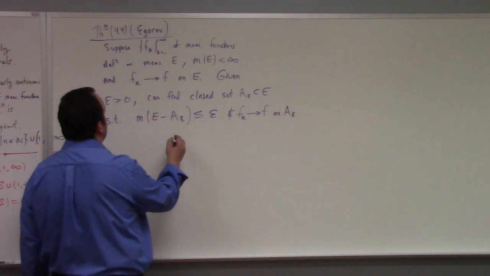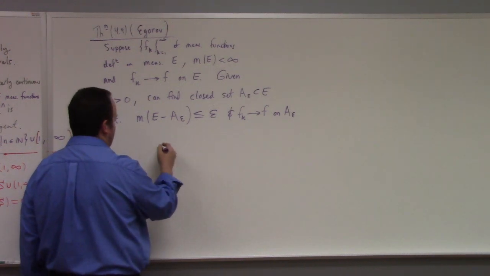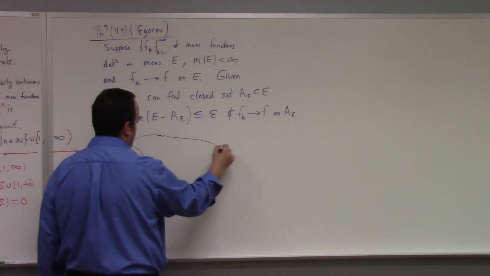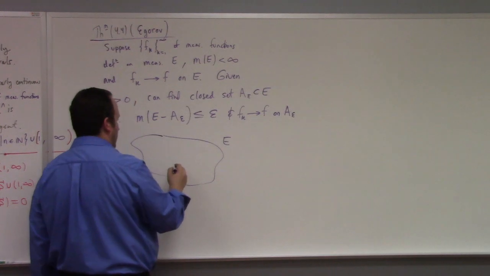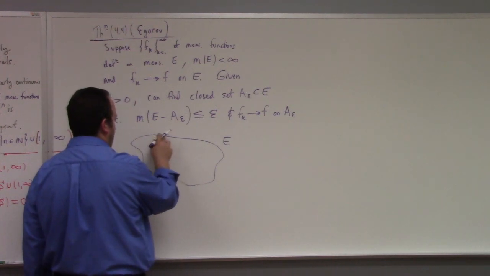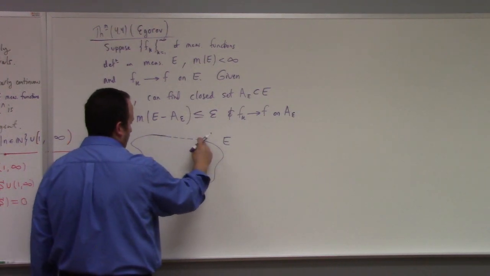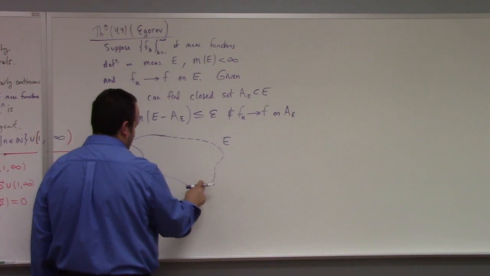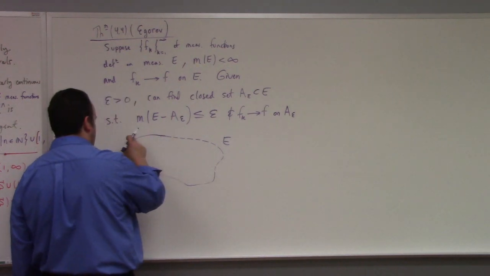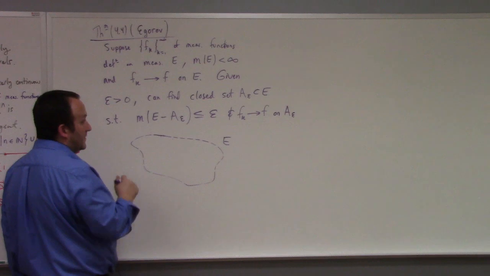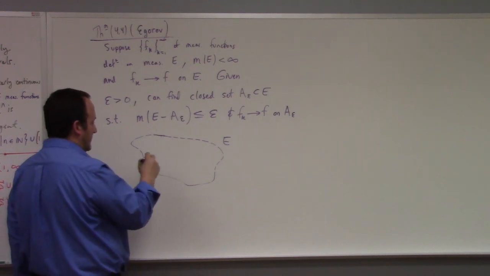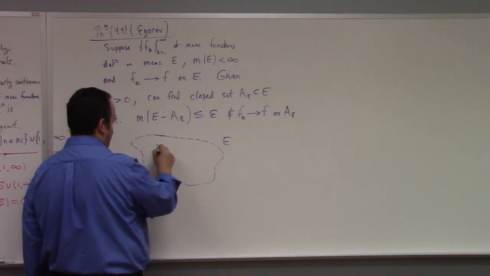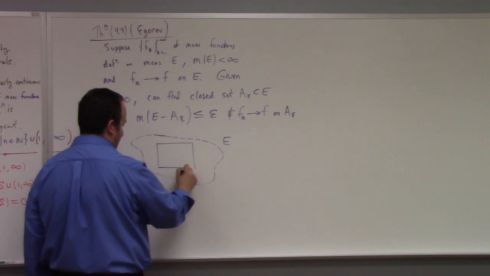Yeah, so E, I don't know what E looks like, whatever. It could be fuzzy, I suppose, but A epsilon's closed, so maybe I'll draw it this way just to be boring.